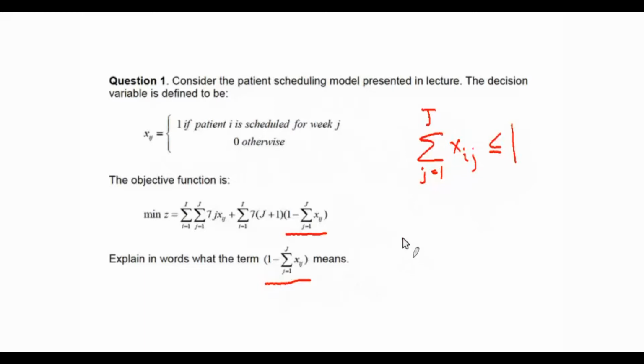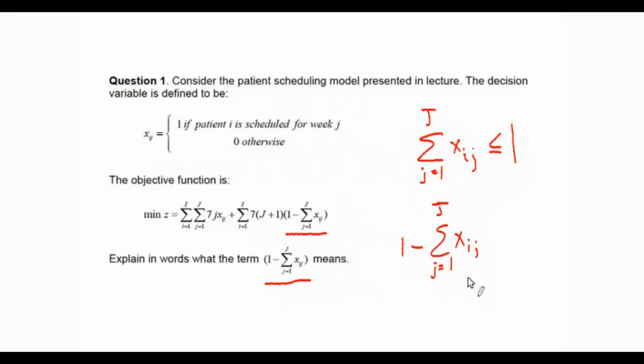When we have 1 minus the sum over j equals 1 to capital J of x sub ij, this summation can either take on a value of 0 or 1: 0 if the patient is not scheduled at all, or 1 if the patient is scheduled in this j-week time period.